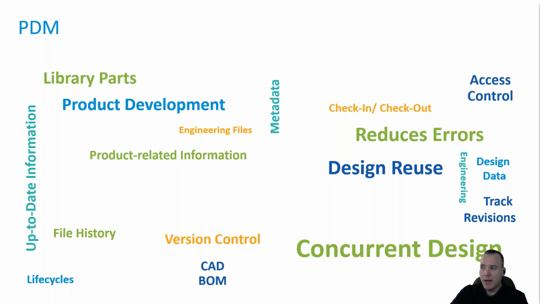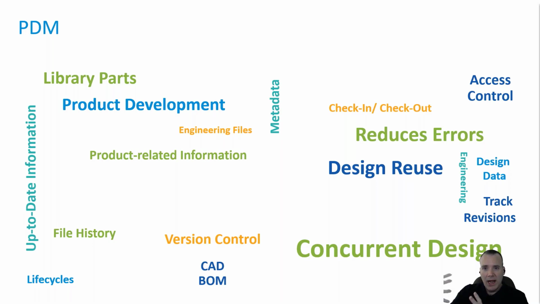You may not have implemented it, but you own it. And so some of these basics, like version control, check in, check out, design reuse through copy design, access control at a basic level, and making sure you have the most up-to-date information in engineering. Vault Basic can do all of that for you today, and you already own the software.